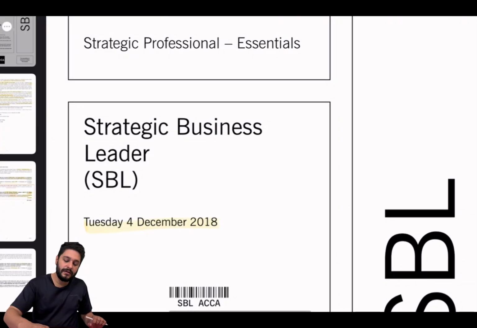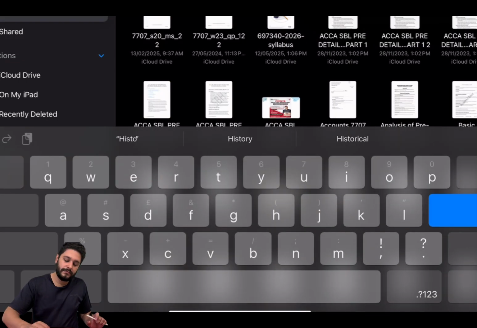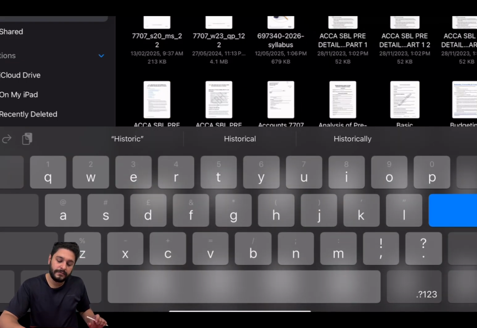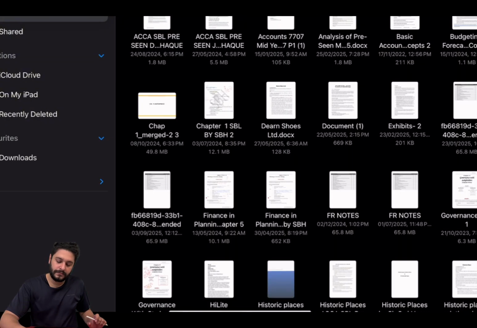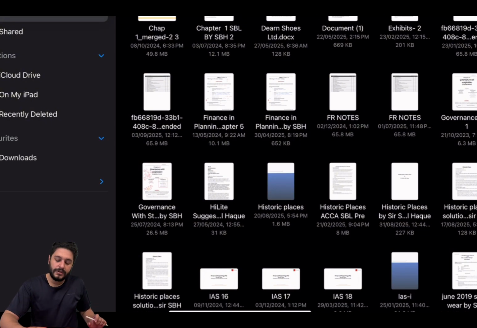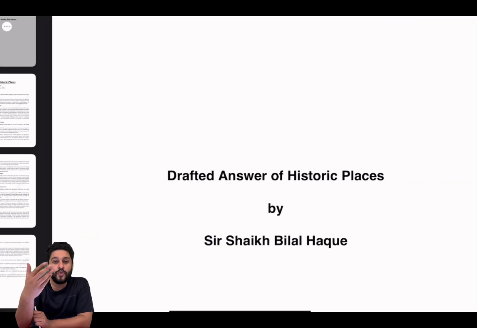So you can see there are some pre-seens that are uploaded by ACCA. This is the pre-seen analysis answer of the mock exam of the old pre-seen that was uploaded by ACCA.